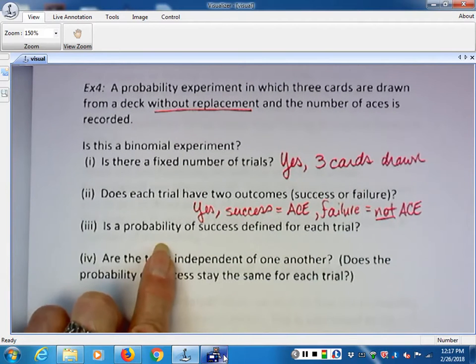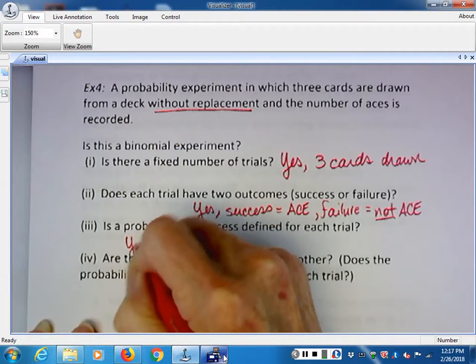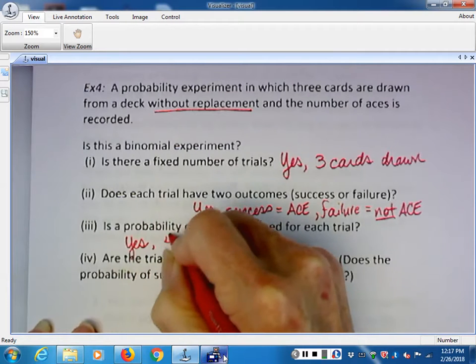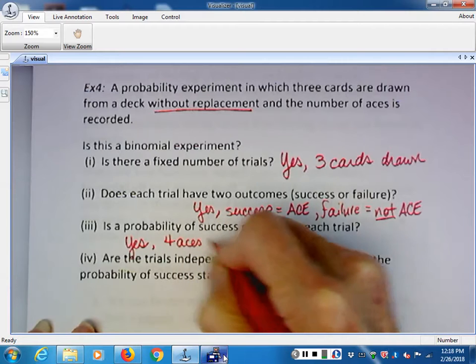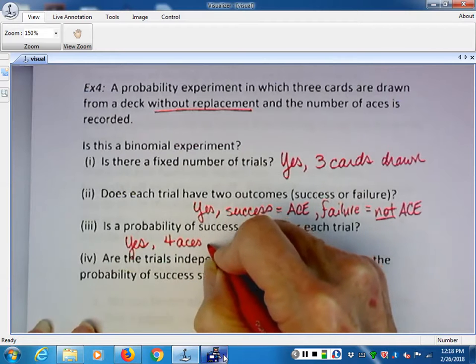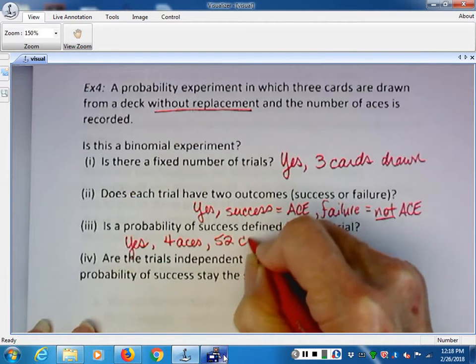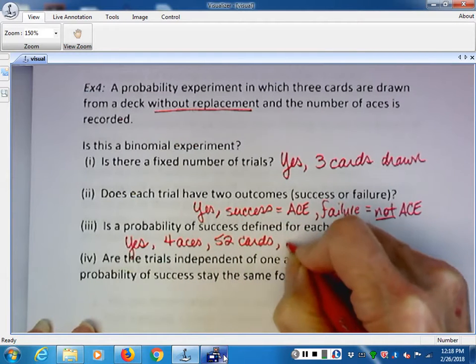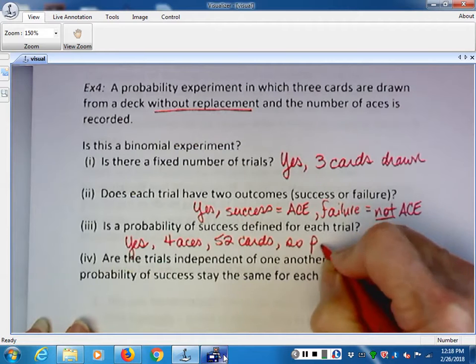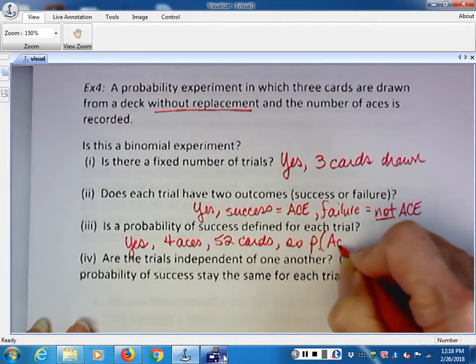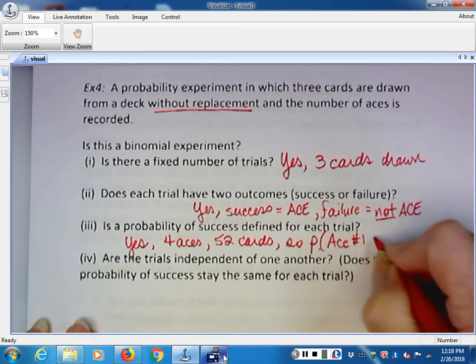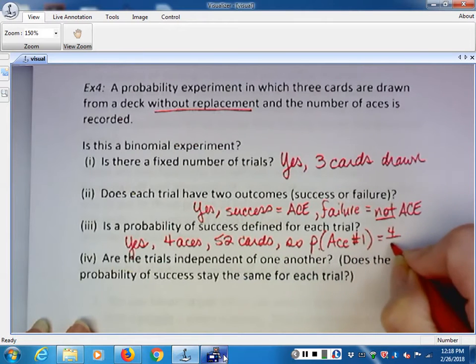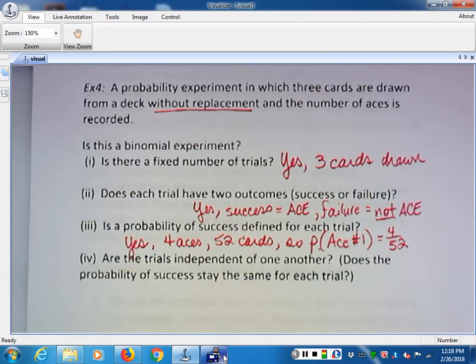Is the probability of success defined for each trial? Yes. Because there are 4 aces and 52 cards. So the probability of ace number 1 is 4 out of 52.